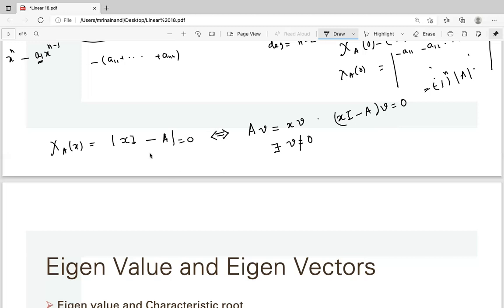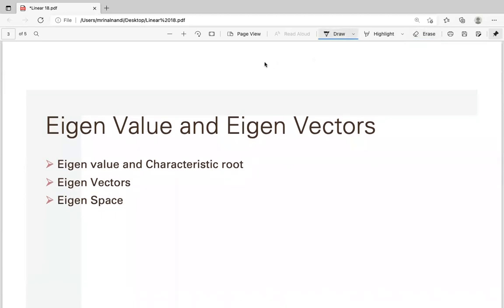Now the solutions of this are lambda 1, ..., lambda n, which satisfy AV equal to lambda_i V, but obviously that V depends on lambda_i. Sometimes we call that x for which there exists a non-zero vector V such that AV equal to xV, or say lambda V, an eigenvalue.